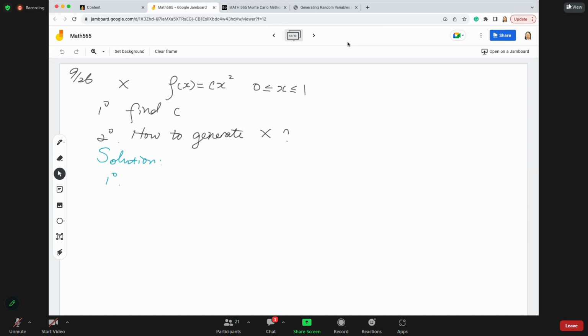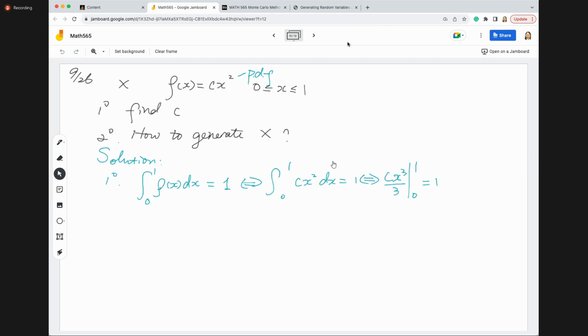So what does our density function mean? This means if you integrate this, of course, on its domain here, it should exactly equal to 1. So this tells us, right?